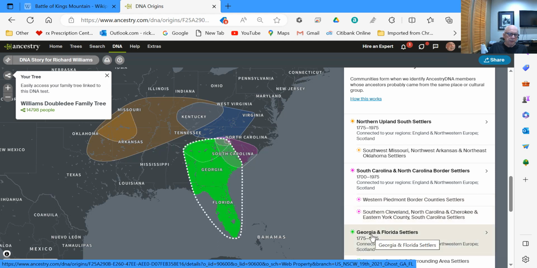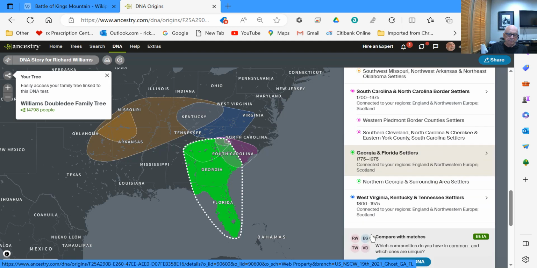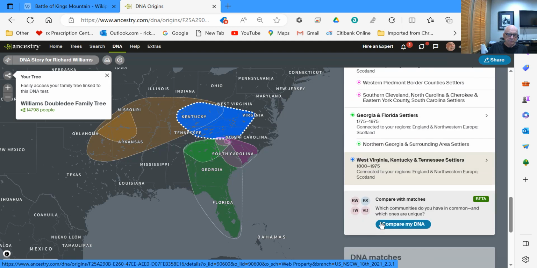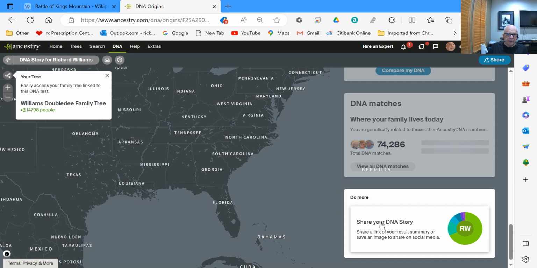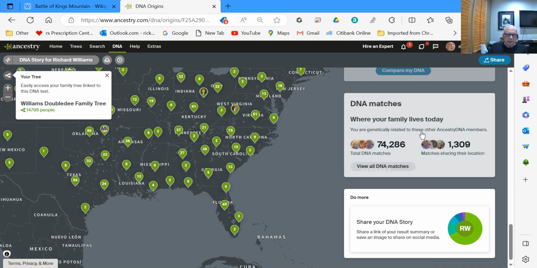And another part of my family came through Georgia, South Carolina, and Florida. But I can go to my tree and verify this. And this is pretty interesting.